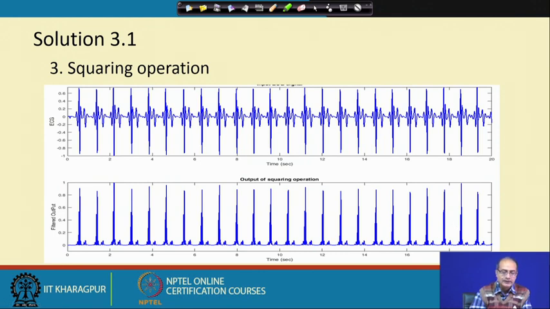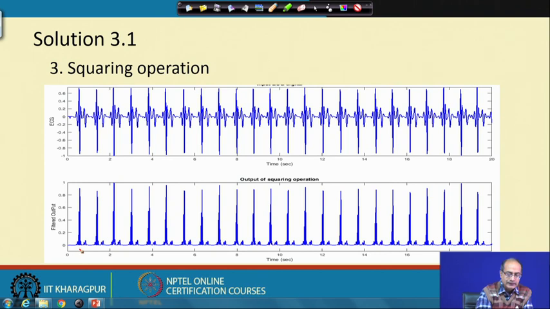So, after the normalization of the signal, here at the top we are giving the signal after differentiation, and below we are showing what is the output of the filter.